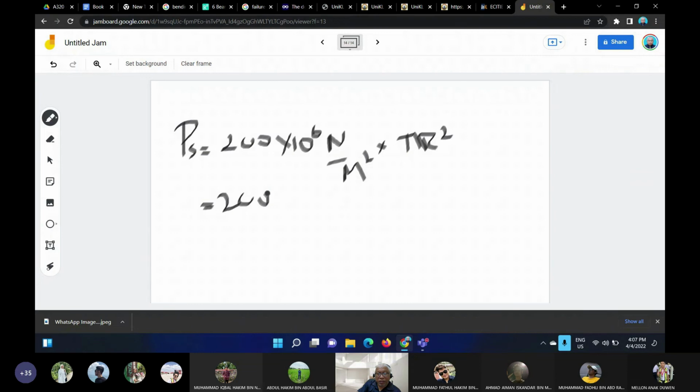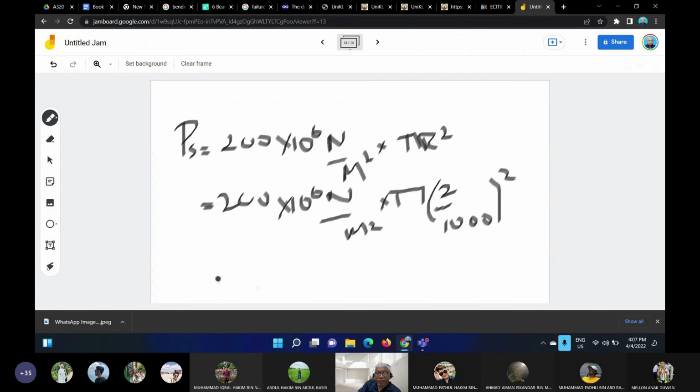So 200 times 10 to the 6 Newton per meter square times pi. If the rivet diameter is 4 mm, then the radius will be 2 over 1000, squared. Then you'll be able to get the fastener strength, how much load it can carry.